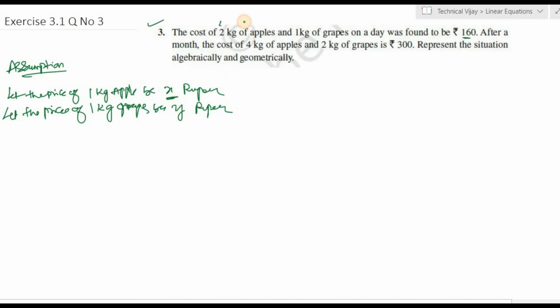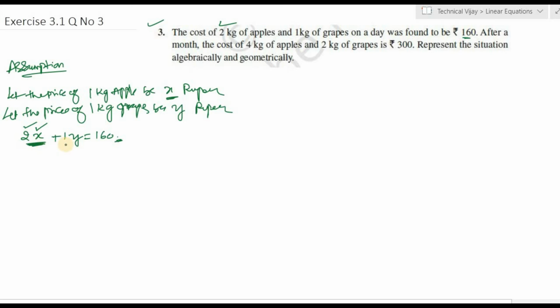Now we will analyze this situation. So 2 kg of apple is 2 into x, plus 1 into y is equal to 160 rupees, because 1 kg apple price is x, so 2 kg means 2 into x, plus 1 kg of grapes. Total amount will be 160 rupees.